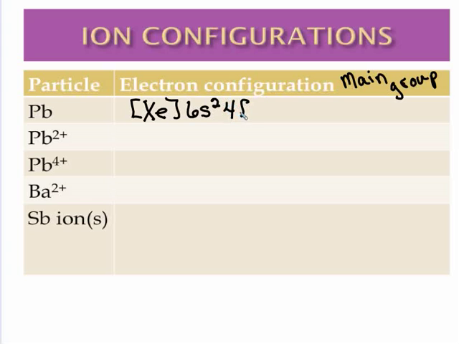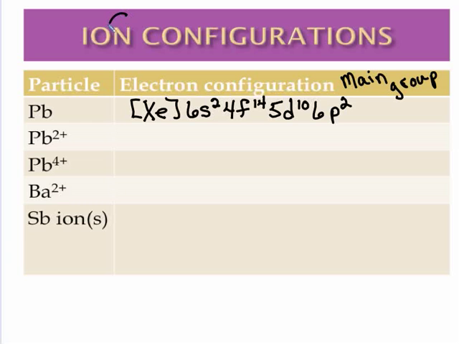So this is 6s2. It would hop down to 4f14, come back up to 5d10, and then to 6p2 would be lead.